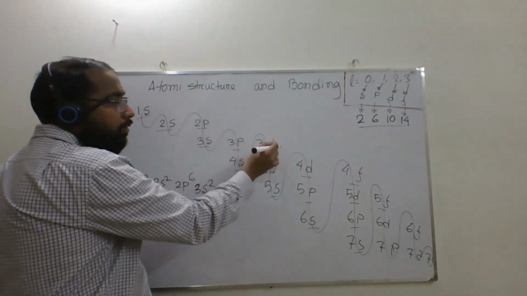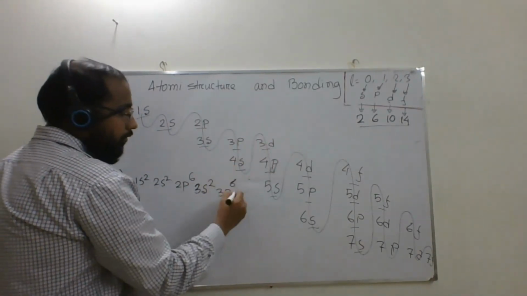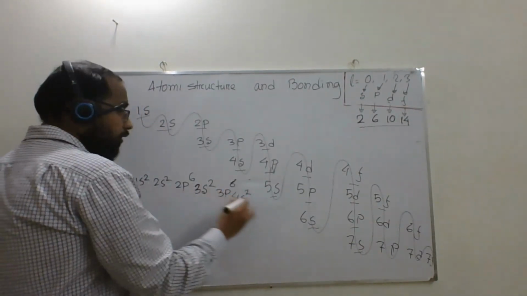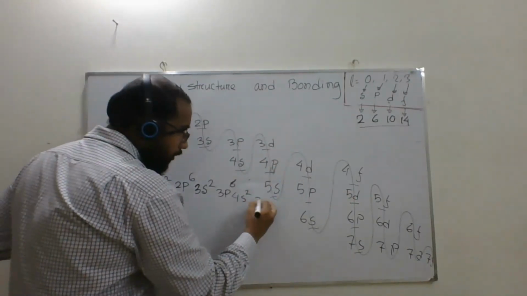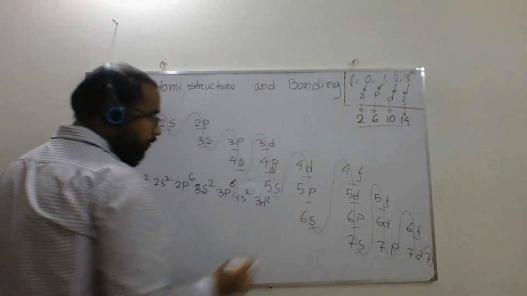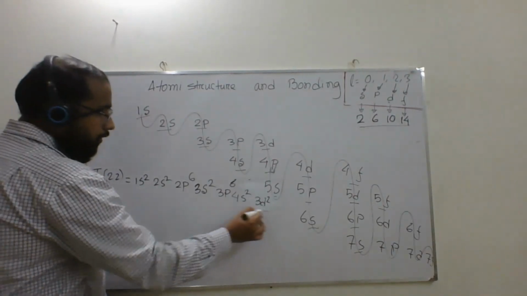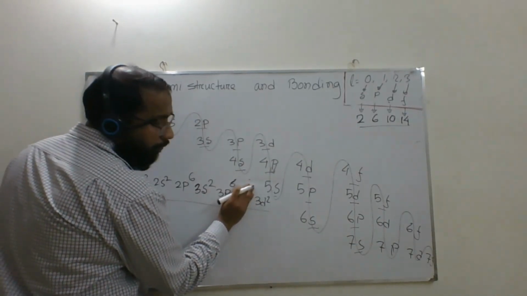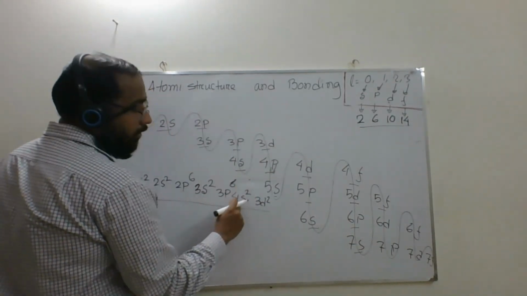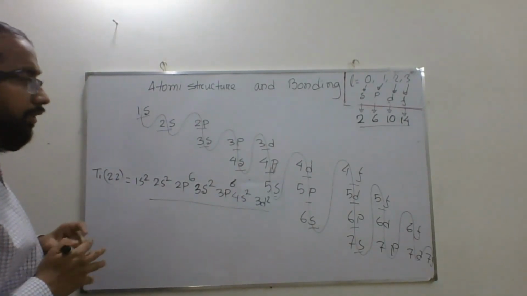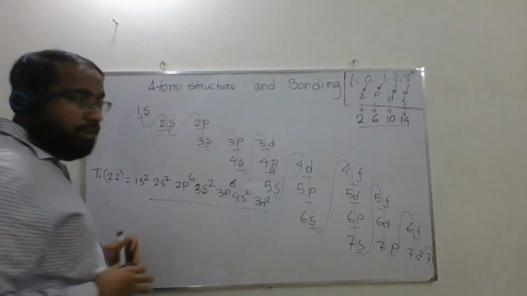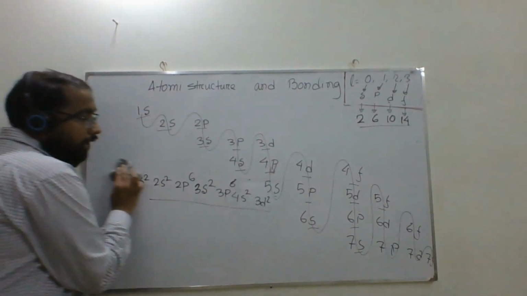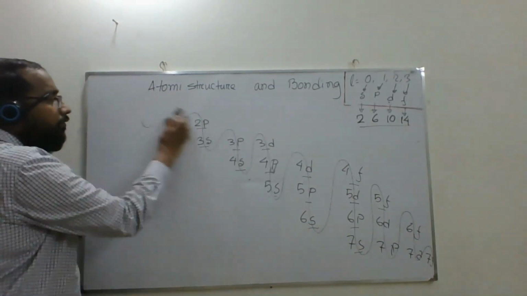From 3p it doesn't go to 3d, it goes to 4s. First 4s2, so we have 20 and another 2 left. These 2 go to 3d2. So this is our electronic configuration of titanium. It doesn't go to 3d first; it goes first to 4s, then the rest go to 3d. Because of this arrangement, we need to follow this sequence to find the electronic configuration. Now I will show you the electronic configuration of some elements.